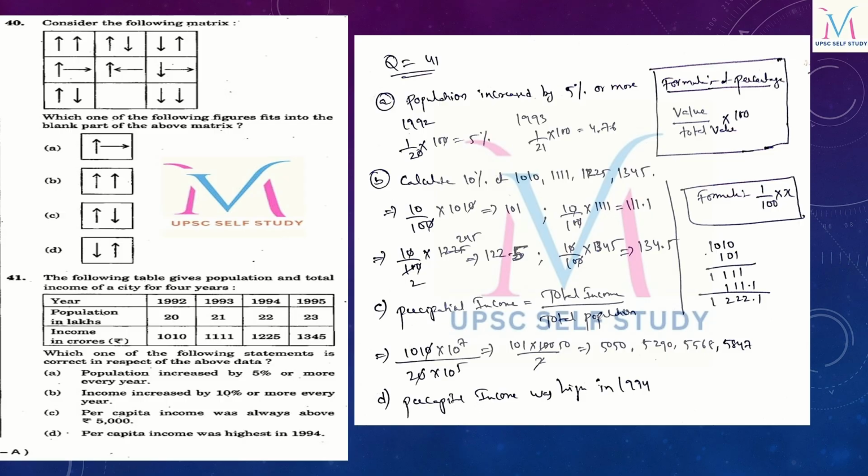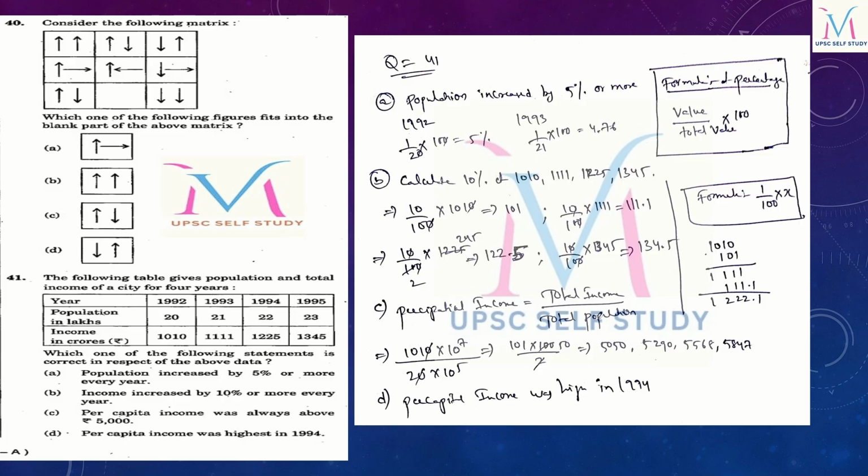And for the year 1994, 1225 into 10 power 7 by 22 into 10 power 5. If we calculate, we get 5568. And the same thing for 1995, 1345 into 10 power 7 by 23 into 10 power 5.